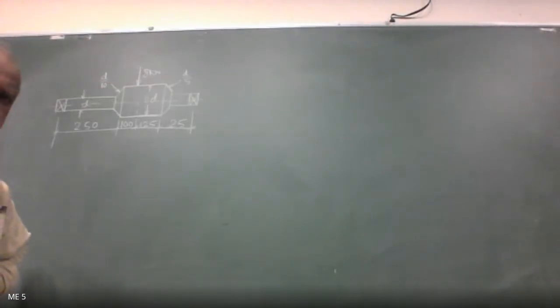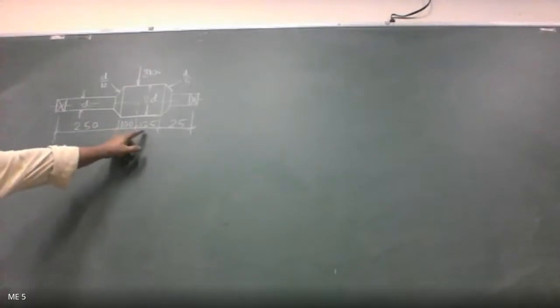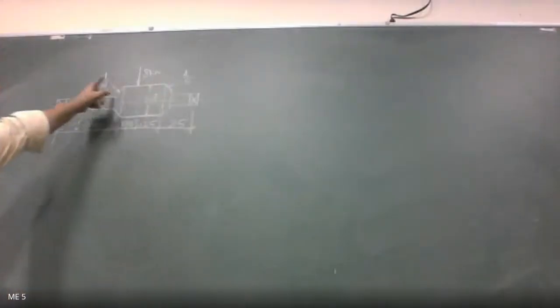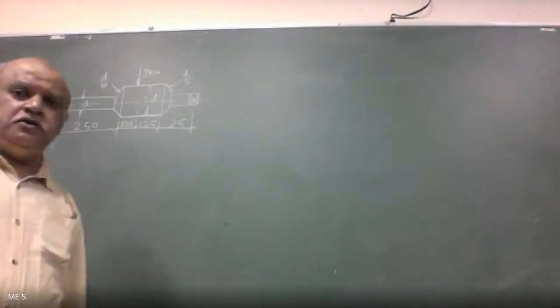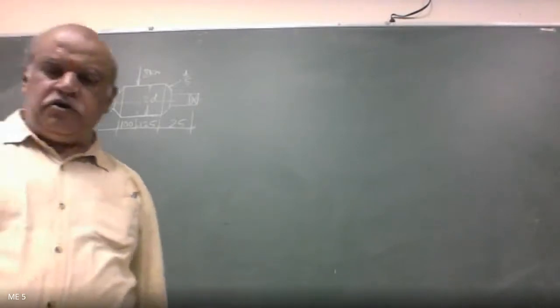Okay, noted. This is 250 mm, 100 mm, 125. This is radius of D by 5. This is D by 10 is the radius. 8 kilonewton is the load acting on the shaft. Are you there with me? Have you noted it down?